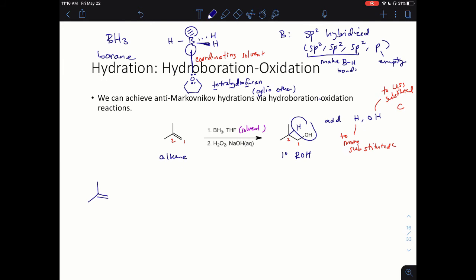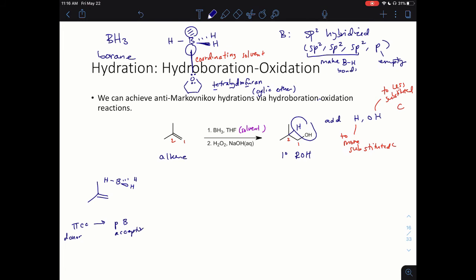So let's look at what happens when you treat the alkene with borane. Pi CC is attacking. Pi CC is a donor. What do you think it attacks on borane? Yep, it attacks that empty p orbital on borane. That's the acceptor.